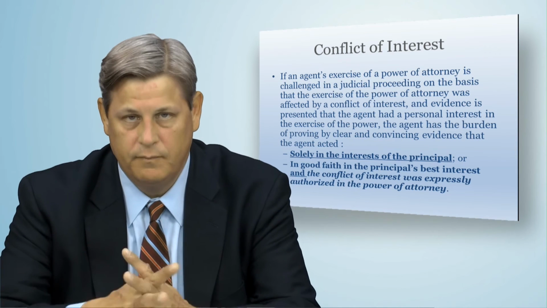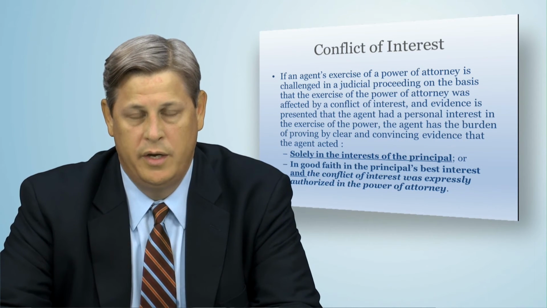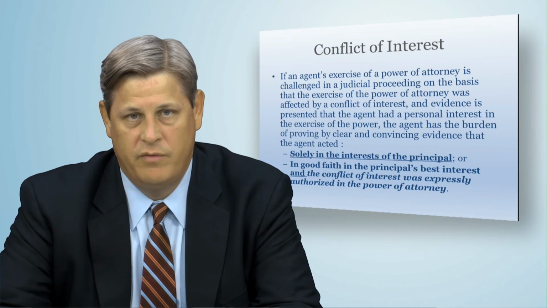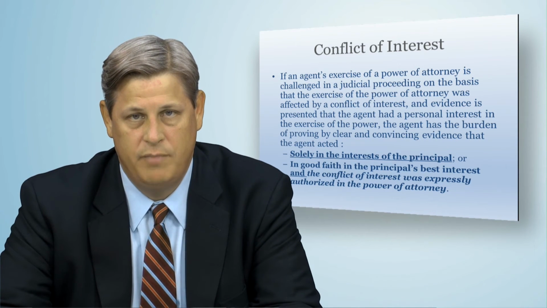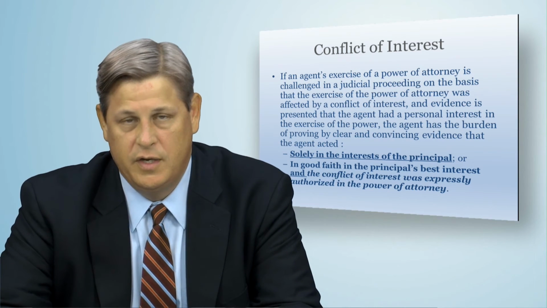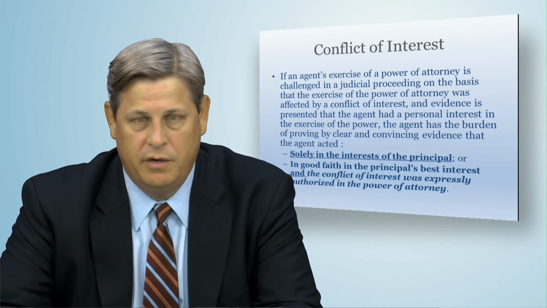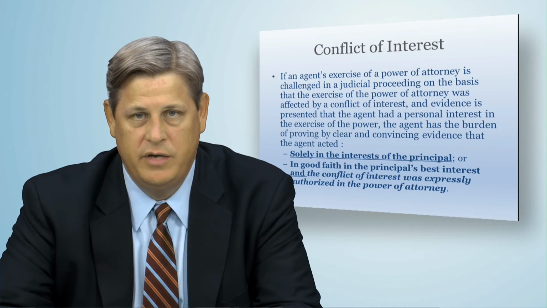Now, one of the main places where an agent is going to run amok with a power of attorney is where a conflict of interest may pop up, between the agent's best interests and the principal's best interests. As a fiduciary, the agent owes his primary duty to the principal.